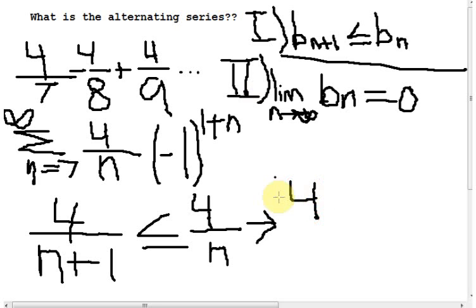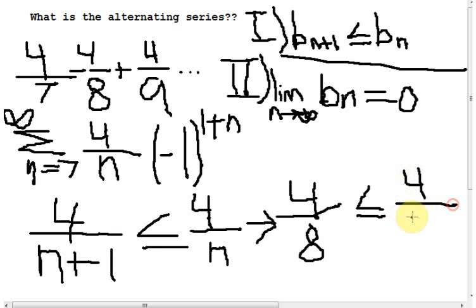So this is 4, and n is 7, so n+1 is 7 plus 1, which is 8. And this term, 4 over 8, has to be less than the base term, which is 4 over 7. And this turns out to be right, so the first condition for convergence is met.